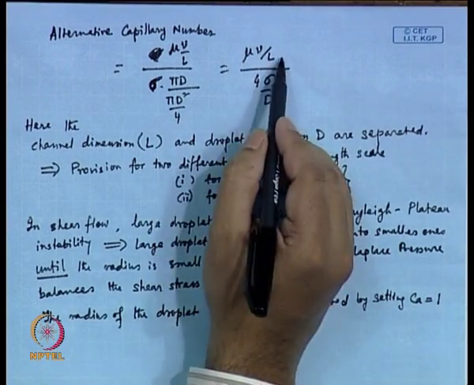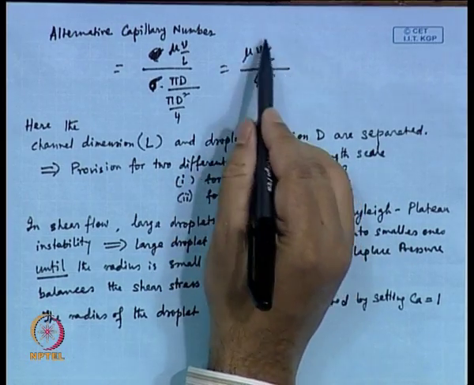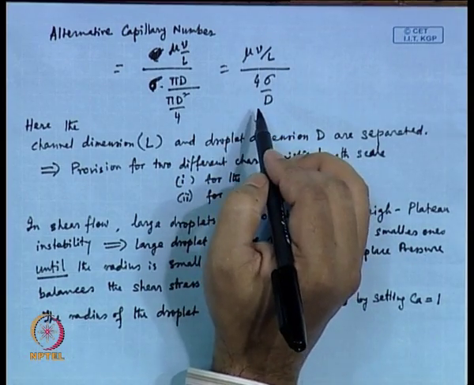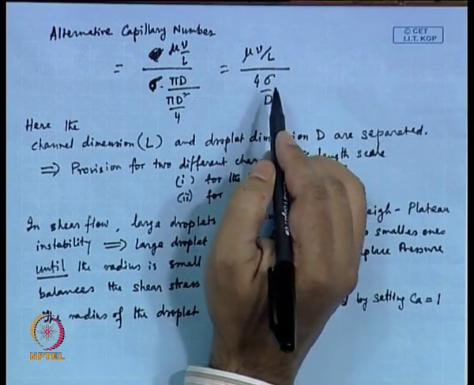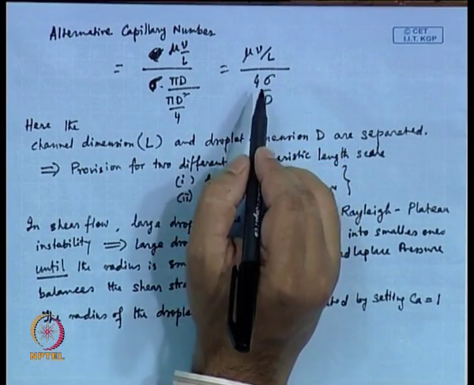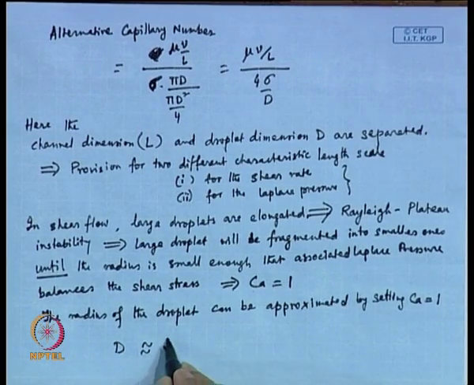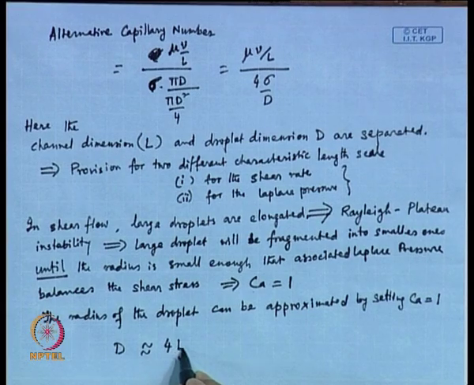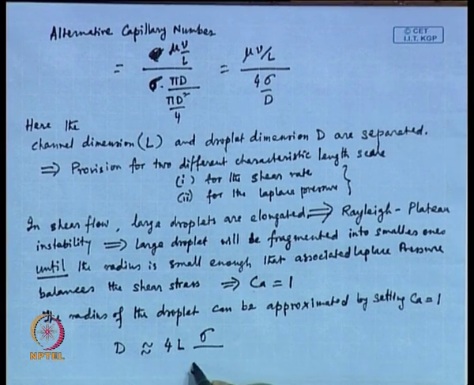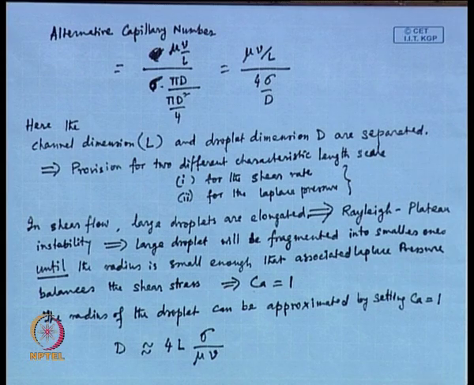That gives you some idea of what d is. D would be close to 4 L sigma divided by mu u or mu v.